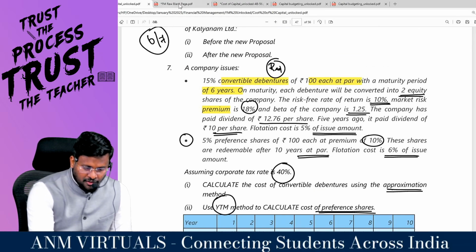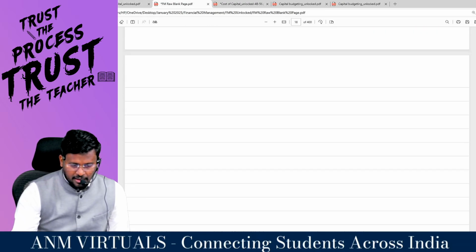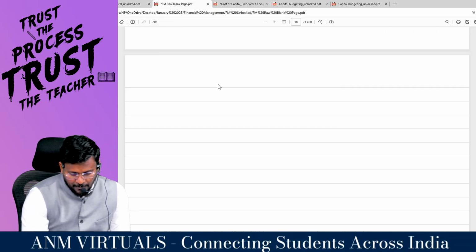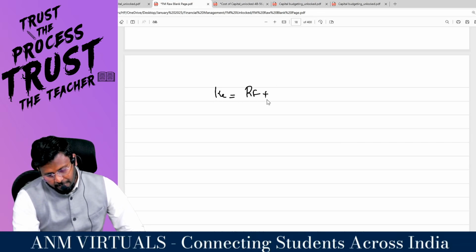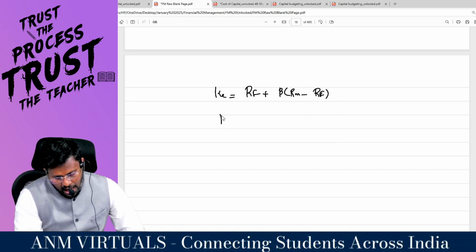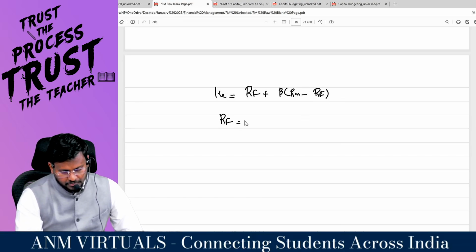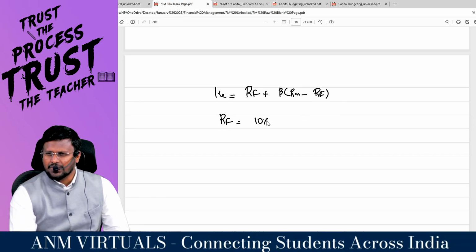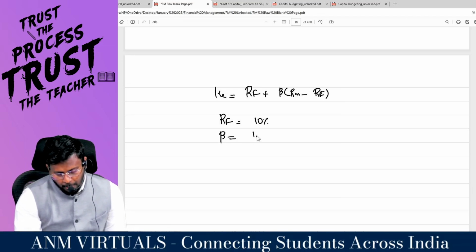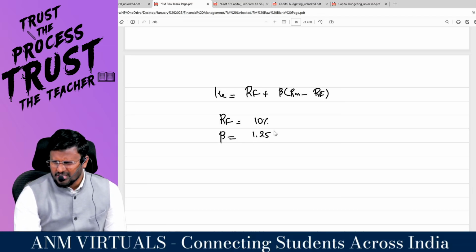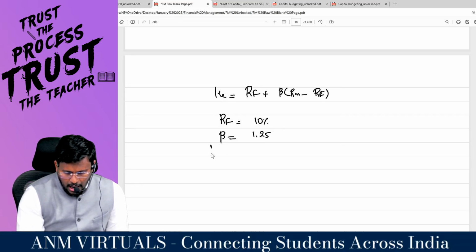First of all, let me find out the KE, the cost of equity. Which is RF plus beta into (RM minus RF). RF is equal to 10%, that is the risk-free return. Beta is equal to 1.25, not a percentage.